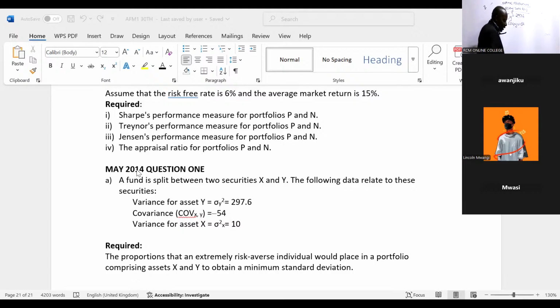And the variance for X, variance being standard deviation squared, is 10. We are required to provide the proportion that an extremely risk-averse individual would place in a portfolio comprising assets X and Y to obtain a minimum standard deviation.